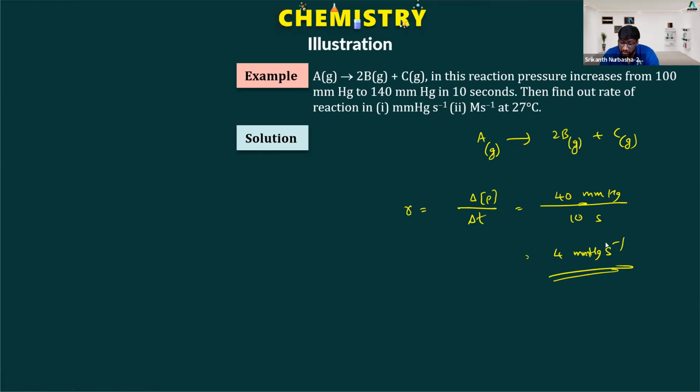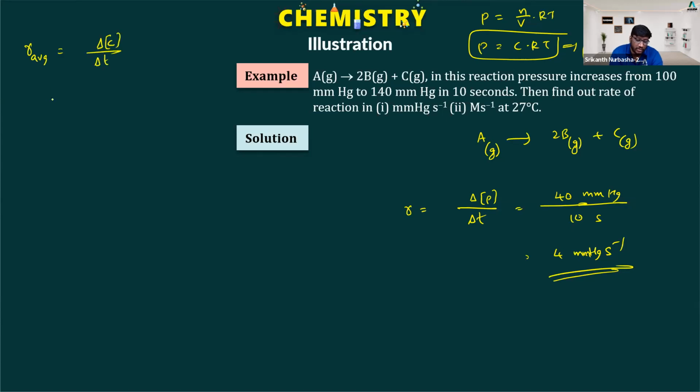Now we can also report the rate in terms of molar second inverse, because we know pressure P equals number of moles by volume into R into T. So P equals concentration into R into T, so concentration equals P by RT. The average rate equals change in concentration divided by time taken for that change.